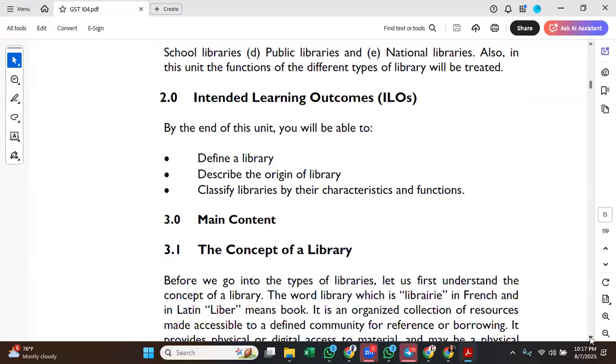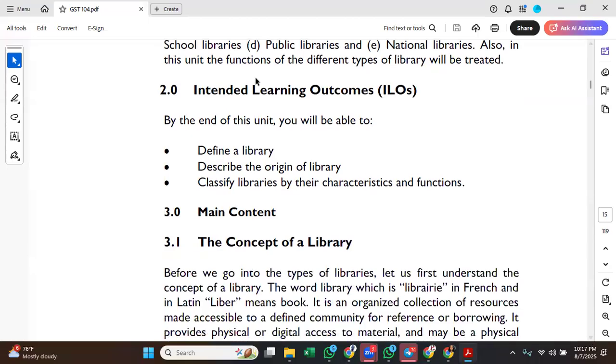Now, intended learning outcomes. Please, this abbreviation is very important. Learn it. Some GST courses normally ask this question: what is the full meaning of ILO in your course material? If it's only ILO that you are asked to write in full, it will be intended learning outcome.